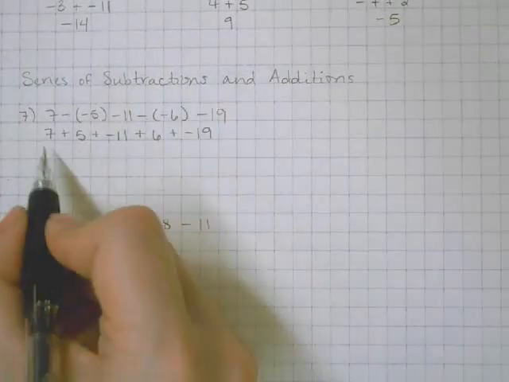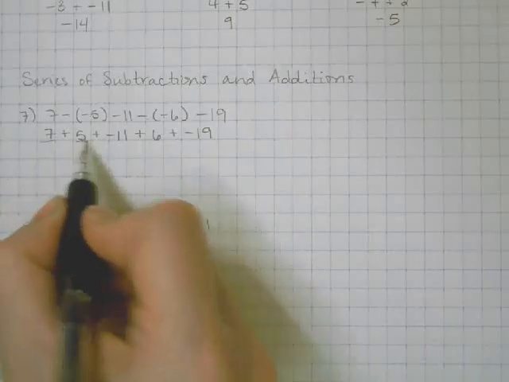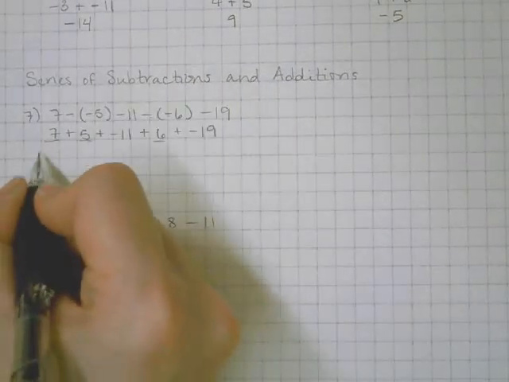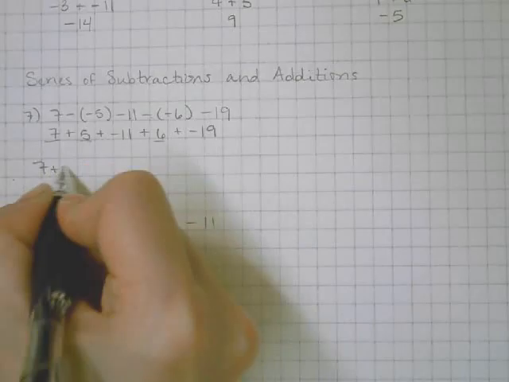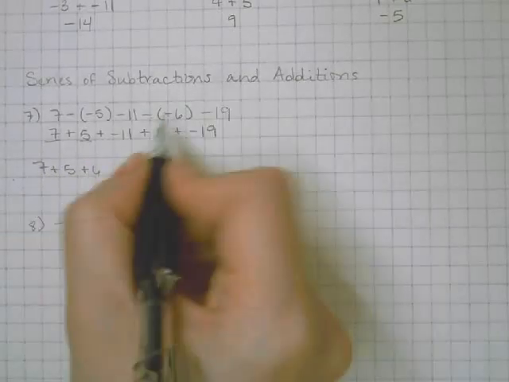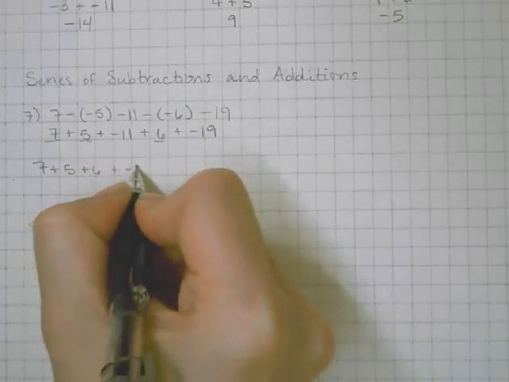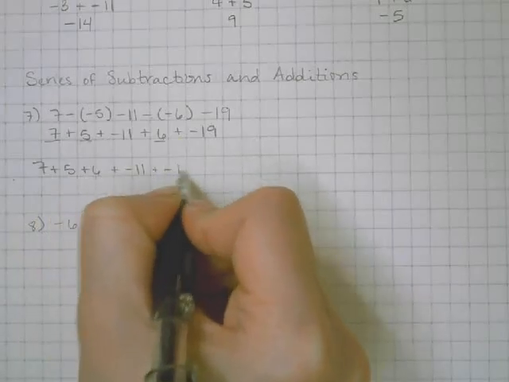And then I can take all my positive numbers, 7 and 5 and 6, and put them together. So 7 plus 5 plus 6, and then negative 11 and negative 19.